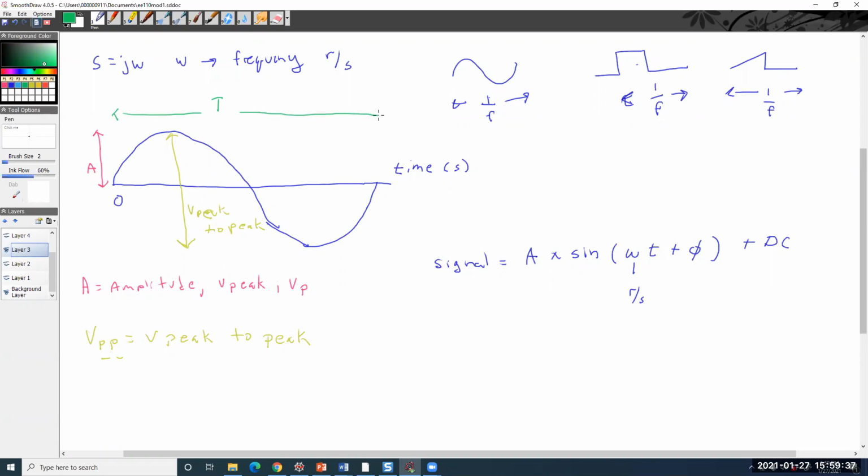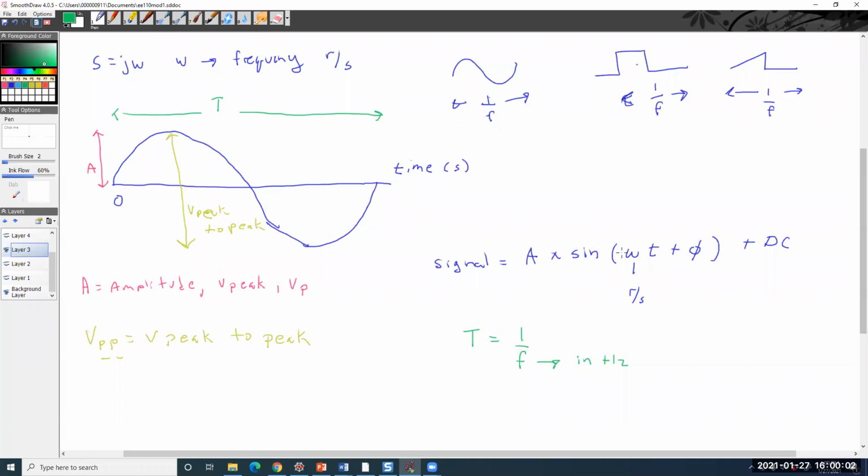That's the period, and the period equals 1 over the frequency, in hertz. And frequency is how often per second this thing goes through a cycle.